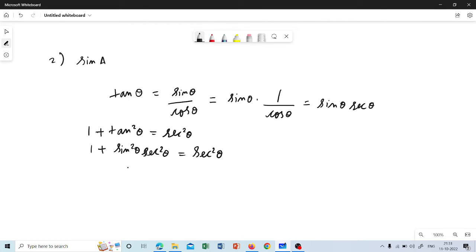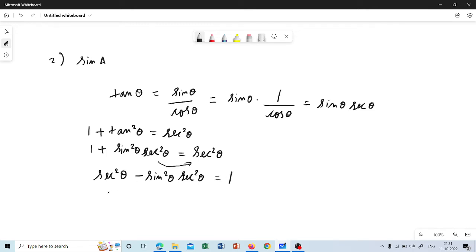Now I am bringing the like terms together: secant square theta minus sine square theta secant square theta is equal to 1. So I am essentially taking this one to this side.